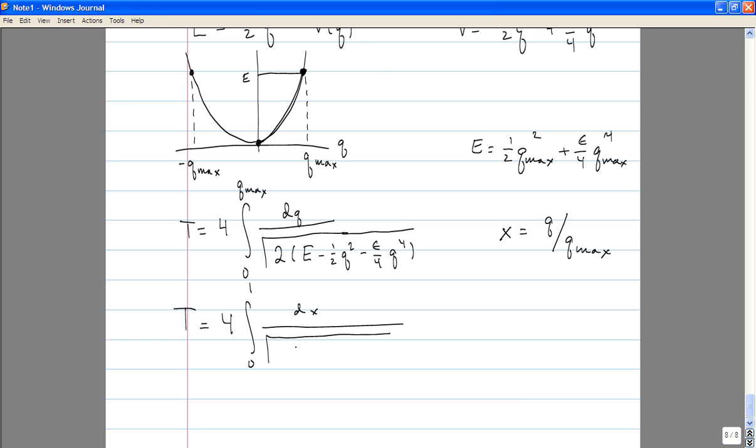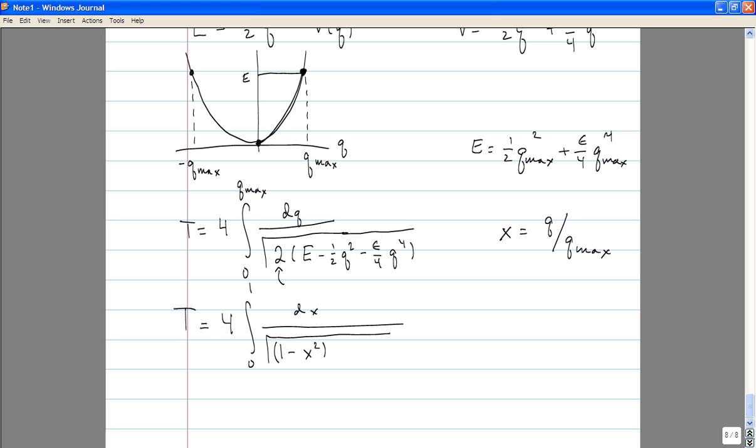the E minus 1/2 q squared. So there's a 1/2 Qmax squared minus 1/2 q squared. The 1/2s cancel the 2 out front here, and then we divide everything by Qmax, so we get a 1 minus x squared, because we've changed from the q to the x variables.